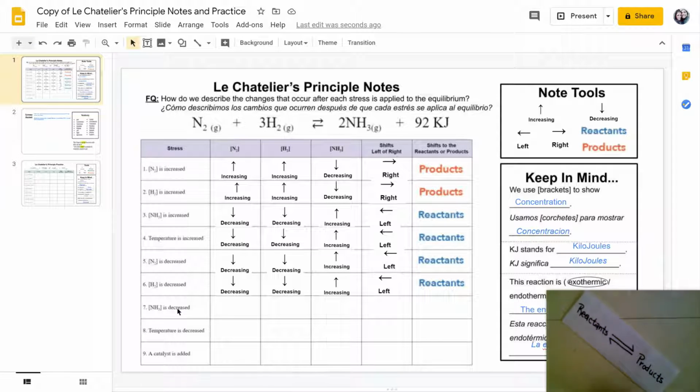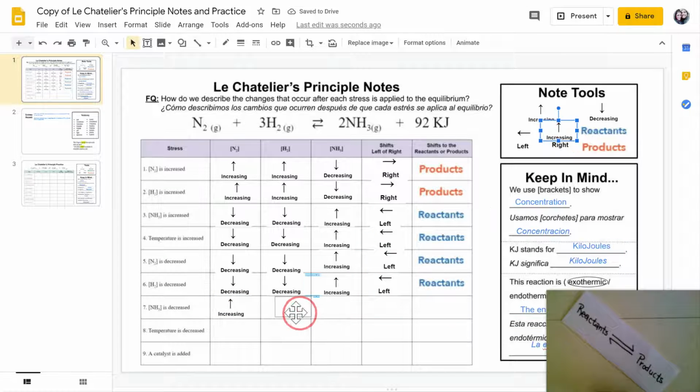Products go down, which means what went up or increased? Both reactants increased. So I'm going to copy and paste and add this to my chart. And then the concentration of NH3, we saw that the concentration of NH3 decreased.